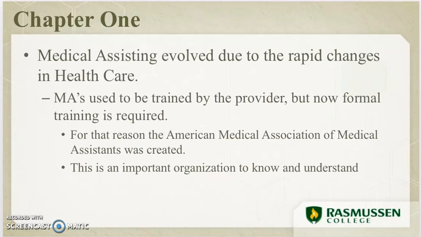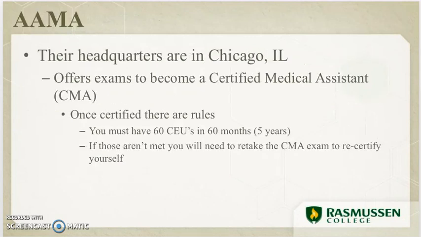Now, before you can truly understand what a medical assistant is, we need to learn some of the history behind it. Once upon a time, medical assistants were actually trained in field by providers, but due to the increase in responsibilities and liabilities, medical assistants now require a lot of formal training. So the American Association of Medical Assistants, or the AAMA, was formed.